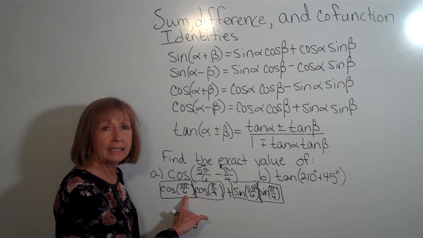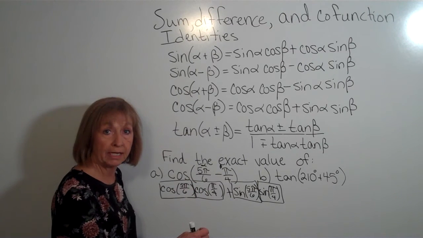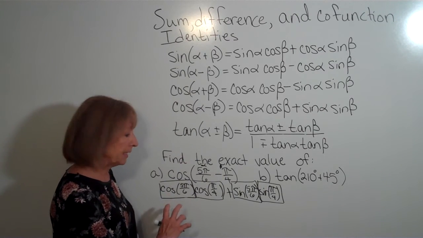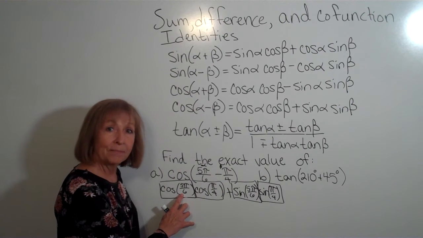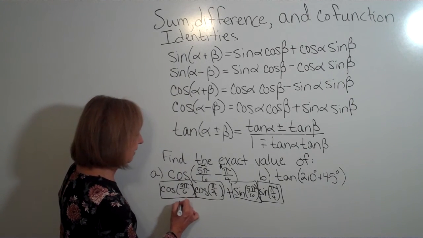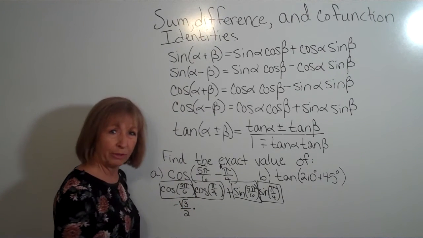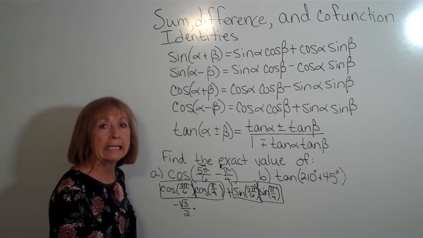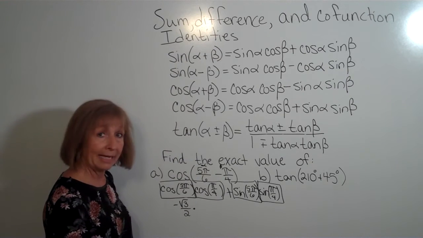So the cosine has the same plus or minusness as the x coordinate, and to get to the second quadrant I have to go left, so it'll be negative. And the cosine of the pi over 6's, that's the square root of 3 over 2. So this will be negative the square root of 3 over 2. And you can refer to your unit circle, or you can refer to the work that was done in the trig functions of special angles.